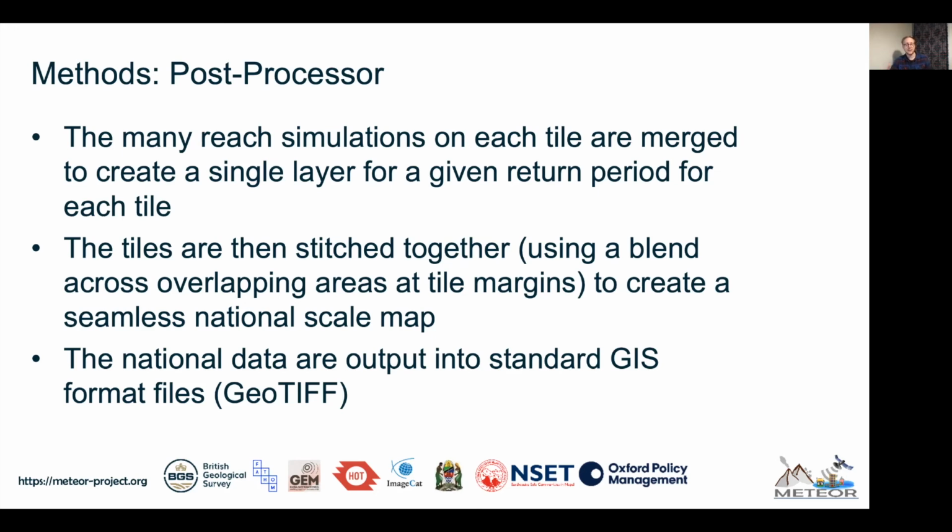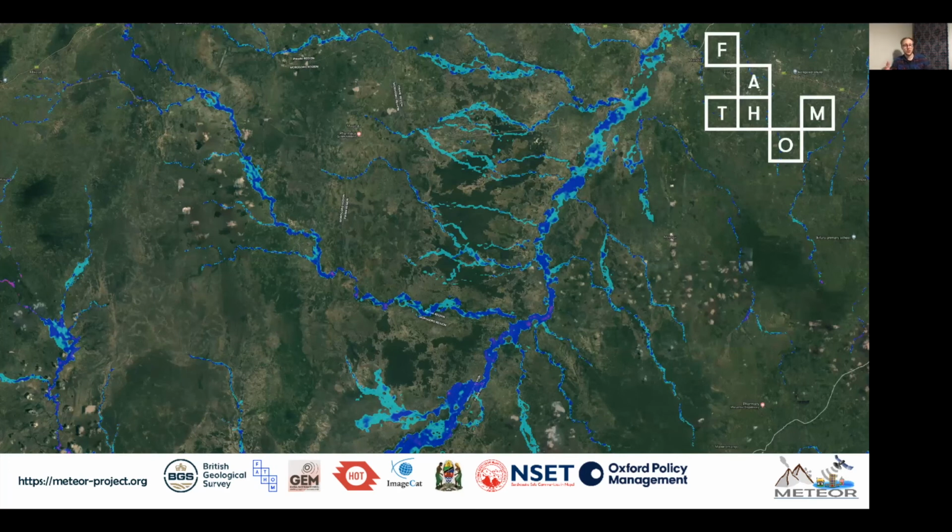And so again, it's very important that this process is automated and efficient. The final step is to take these output data and transform them into a standard GIS format, for example, GeoTIFFs. And on the screen here is just an example of what some of the flood output might look like.